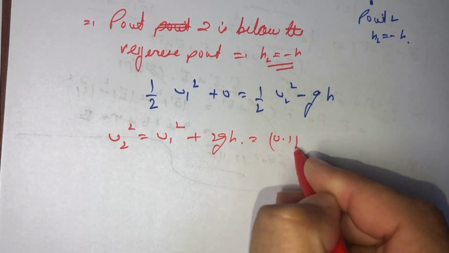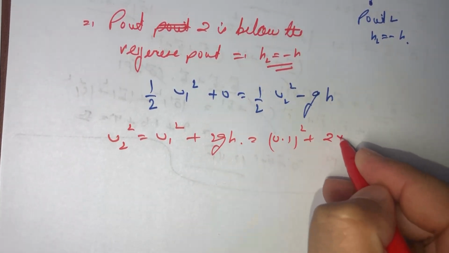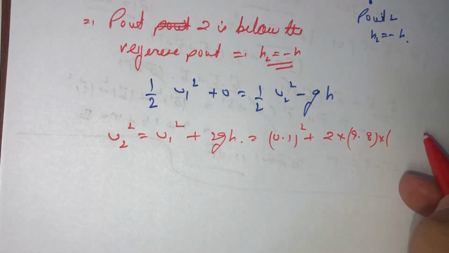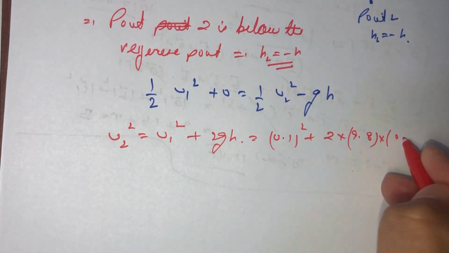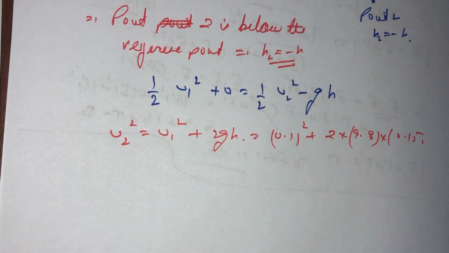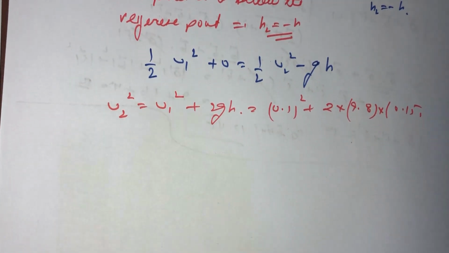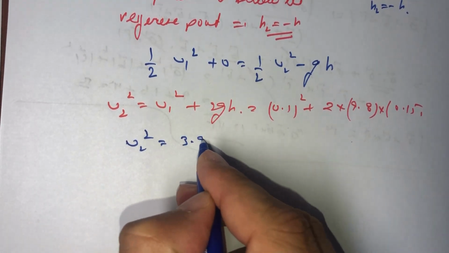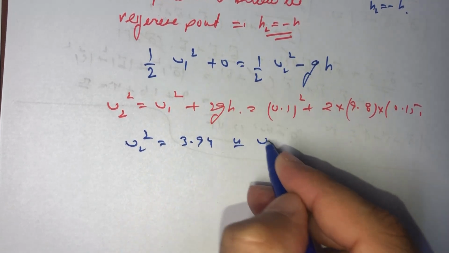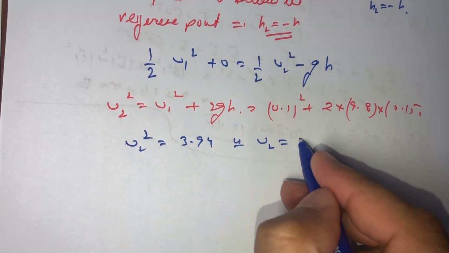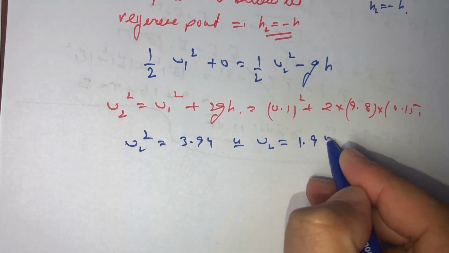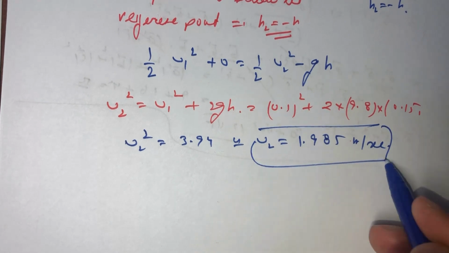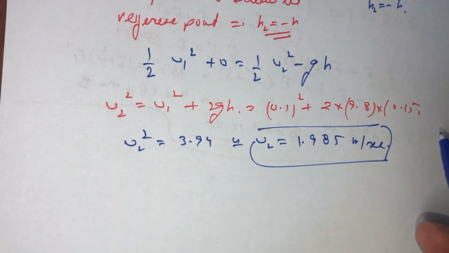V1 is given as 1, so 1 whole square plus 2 into 9.8, and the height of point 2 below is given as 0.15. So we can say that our V2 square will be coming as 3.94. So approximately we can say V2 is equal to 1.985 meter per second. So we found out the velocity at point 2.